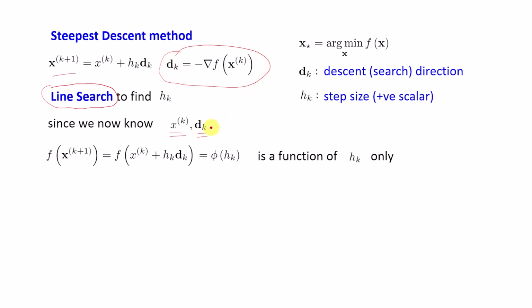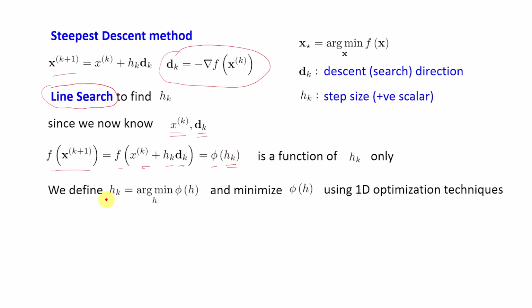So xk and dk are known. Therefore, f(x(k+1)) is f(xk + hk dk). This is only a function of hk because xk and dk are known. So f(x(k+1)) is only a function of hk, and I write that as phi of hk.